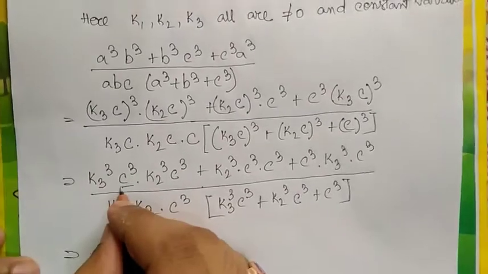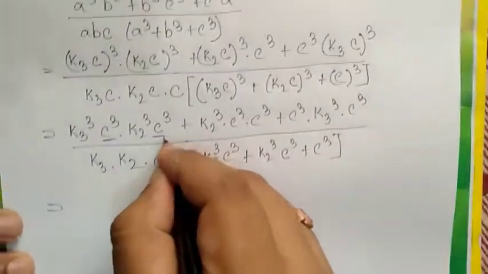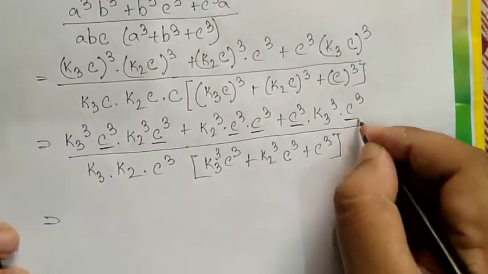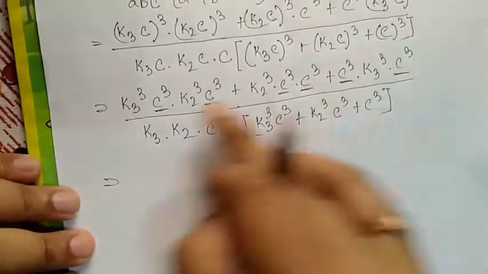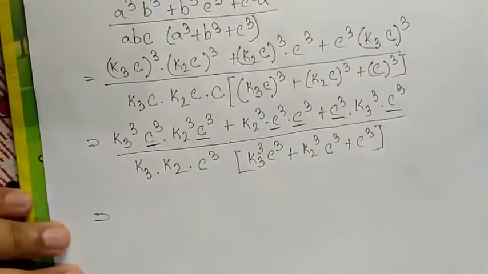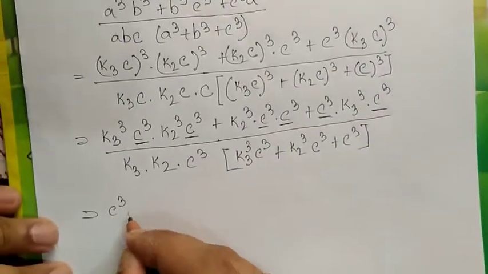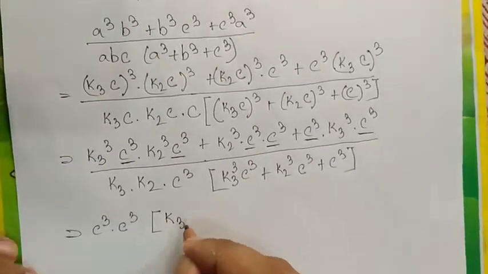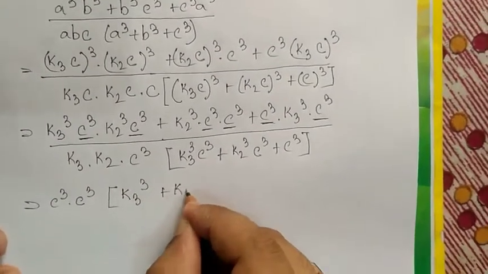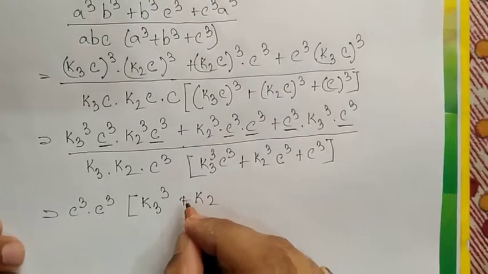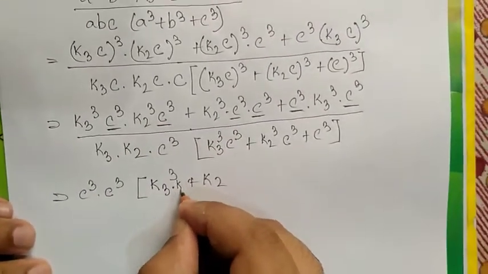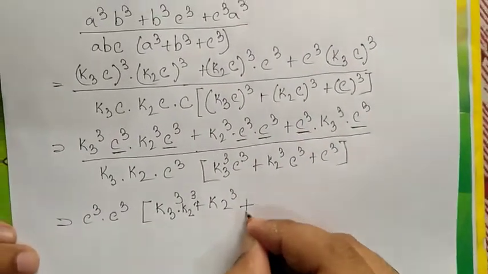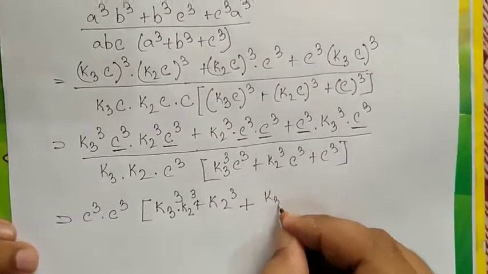Now here you can see C cube into C cube, C to the power 6, in all three terms. Both are common in the first three algebraic expressions, therefore we can take C cube into C cube common, and the remaining part is K3 cube plus K3 cube into K2 cube plus K2 cube.